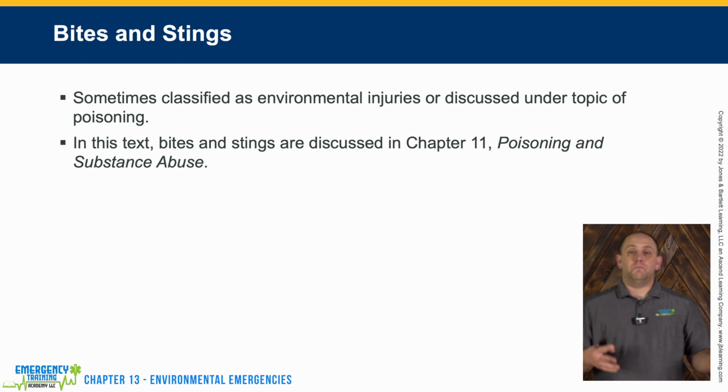Because bites and stings often involve some type of toxin or poison or envenomation, we're going to talk about bites and stings in a different chapter, but just know that sometimes they fall under environmental, sometimes they fall under poisoning.